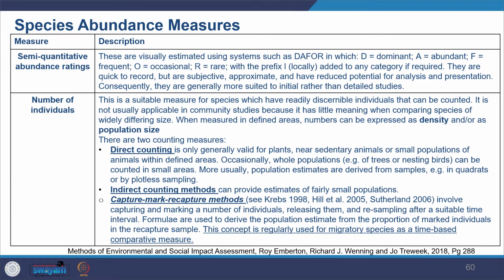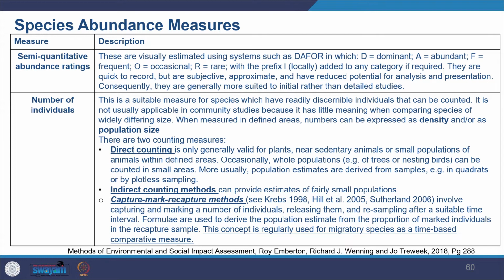You see what kind of species are dominant, and then you see what is abundant. A for abundant, F for frequent, which you see frequently, O for occasional, and R for rare. And then you can have L for locally, if it is locally available material.